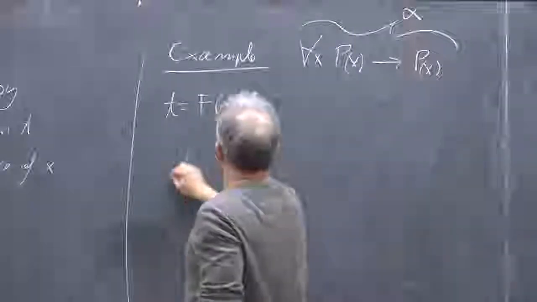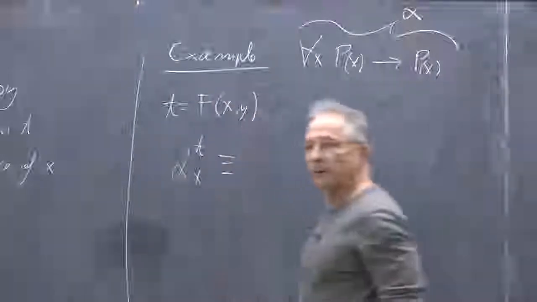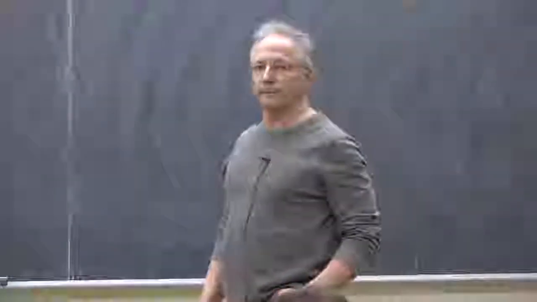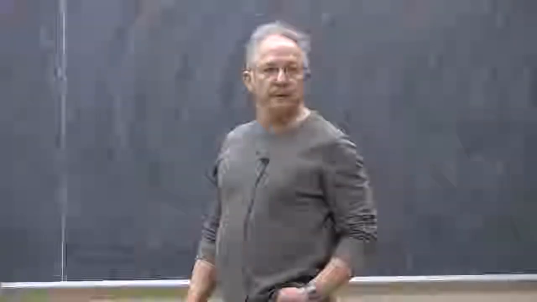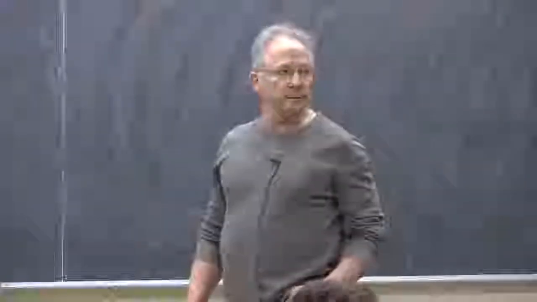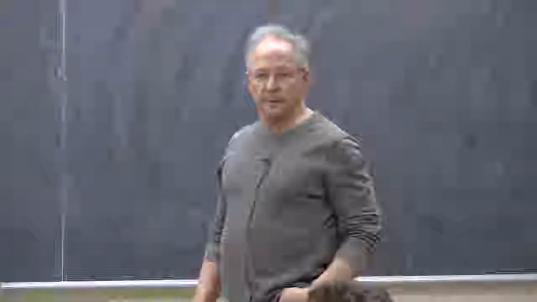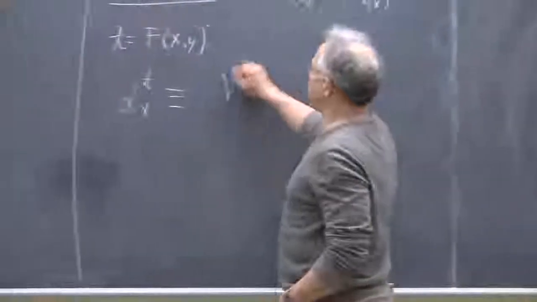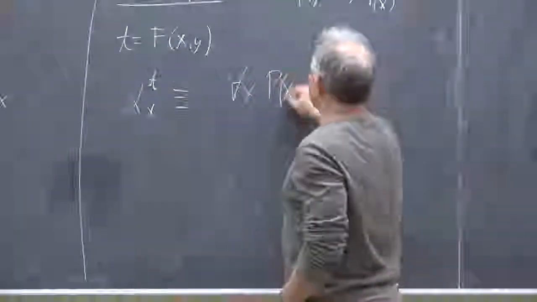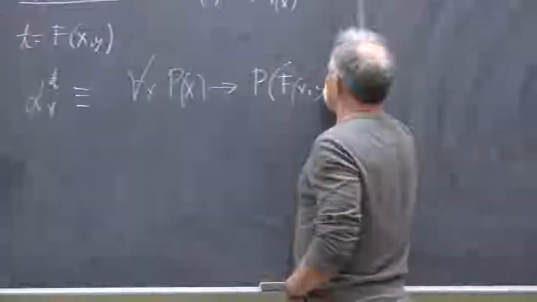So what will be alpha t substituted for x? What will we get? Anybody wants to try? Yes. For every x, p x, arrows p of f x y.